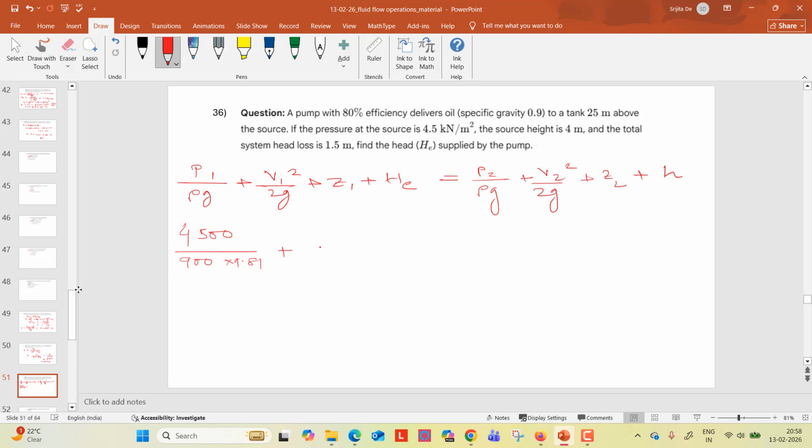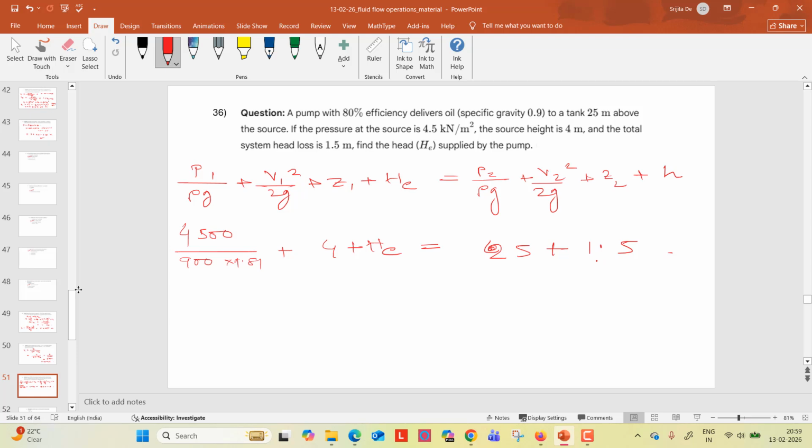Z1 is 4 plus HE needs to be calculated, equals P2 is 0 because it is opening at atmospheric pressure. V2 is also 0. Z2 is 25 and head loss is given as 1.5.